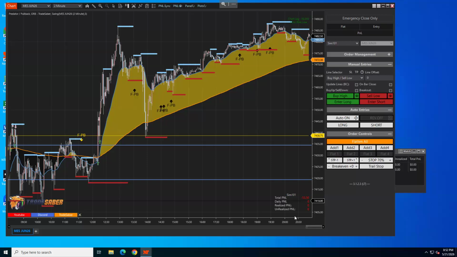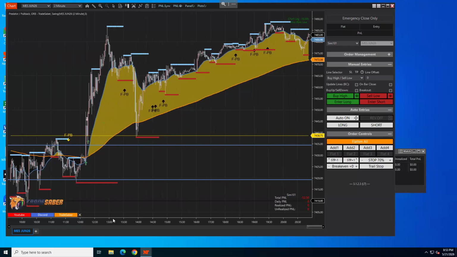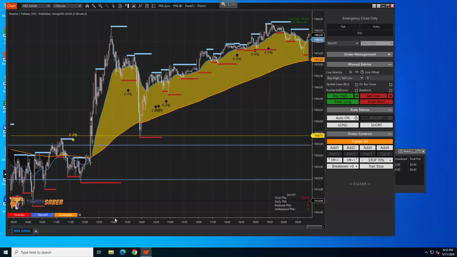ES is short for S&P 500, which is Standard and Poor's 500, the top 500 companies in America. This is the chart, the market that they're trading on. It's called ES, which is the market for the S&P 500.